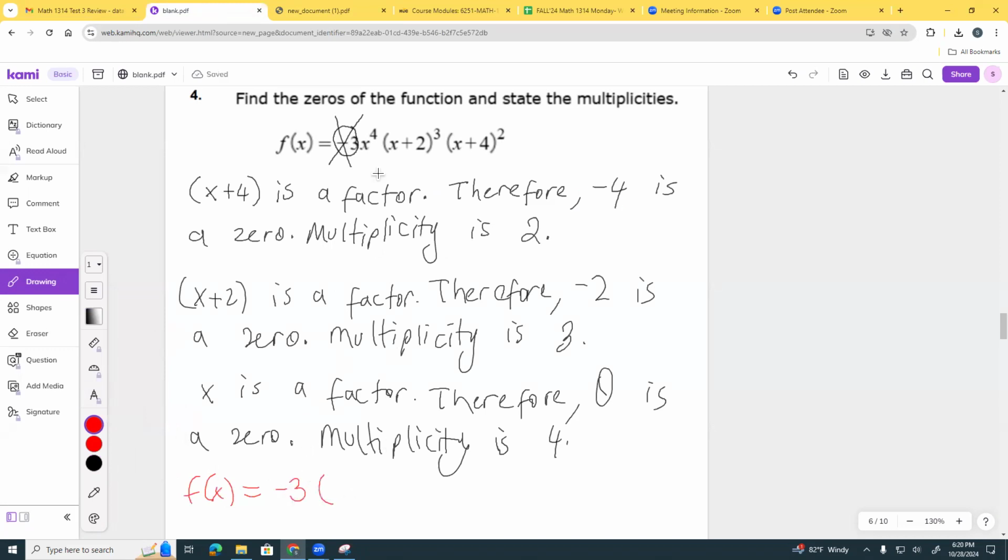Now, do you see this x to the 4th? I can write it as x minus 0 to the 4th power. Therefore, 0 is a 0, and its multiplicity is 4. You got it? When it is 0, they just don't write it because they want us to be smart enough to figure this out on our own. Okay? All right, that's question 4. Does anybody have any questions about question 4?